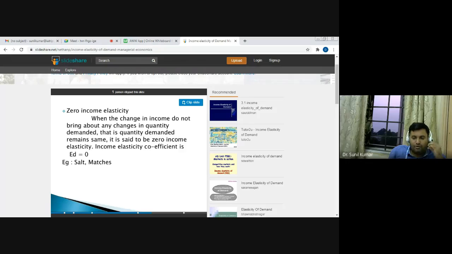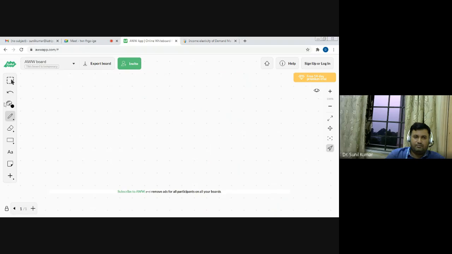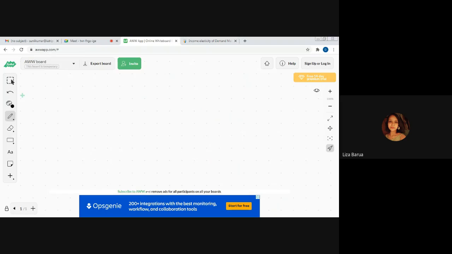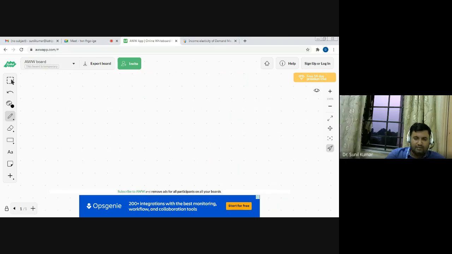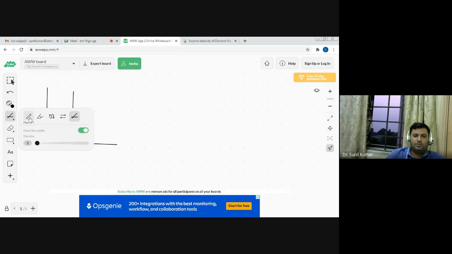So the value of coefficient EY is equal to 0.